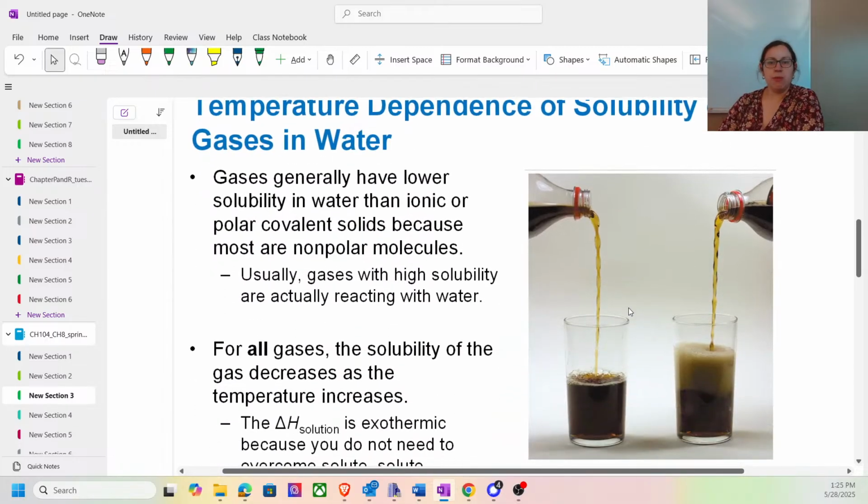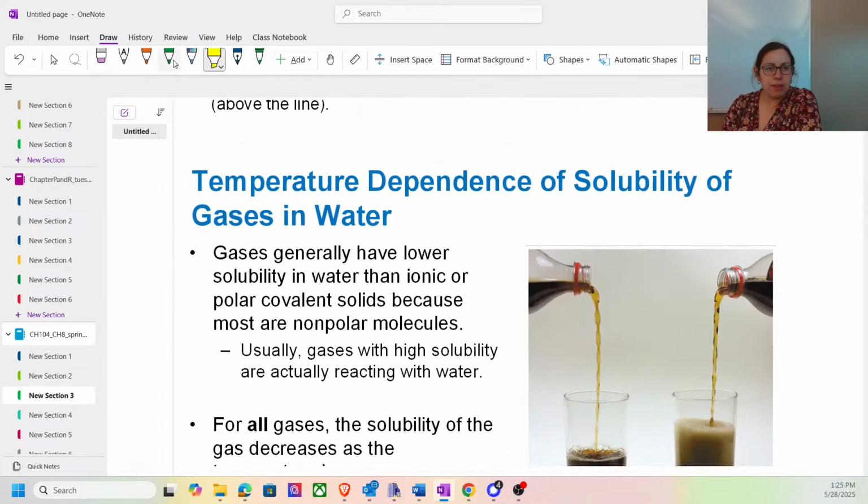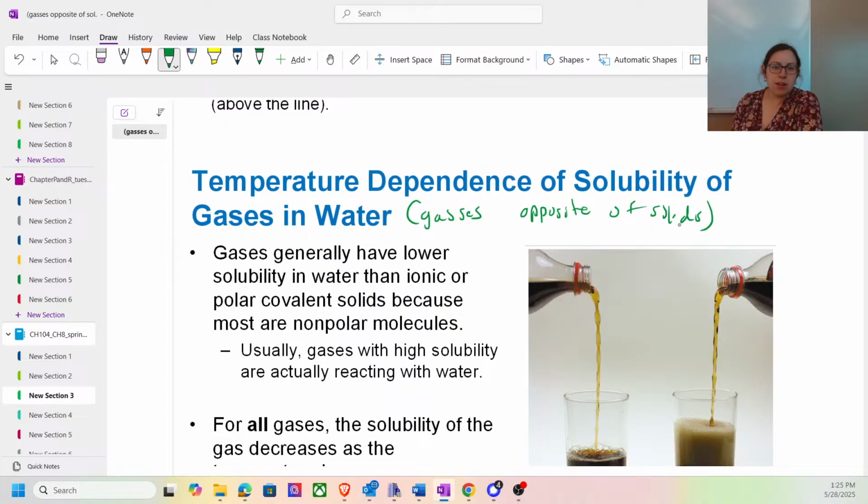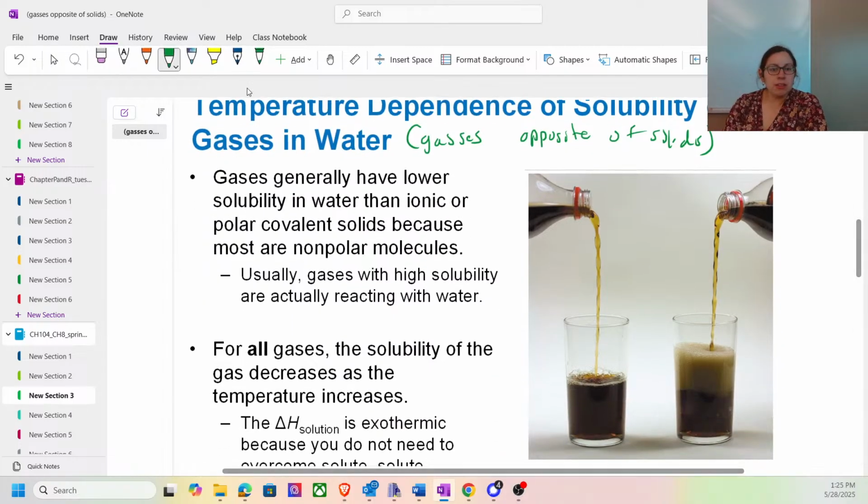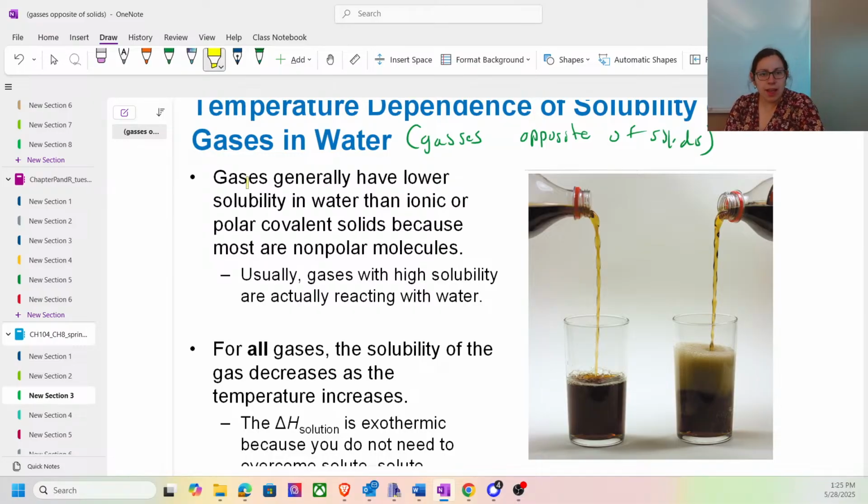And then if we think about gases dissolving though, gases are the opposite of solids. So you might want to write that down. Meaning that their solubility tends to decrease as the temperature increases. This is because our gases tend to be nonpolar, especially compared to water that they're dissolved in.